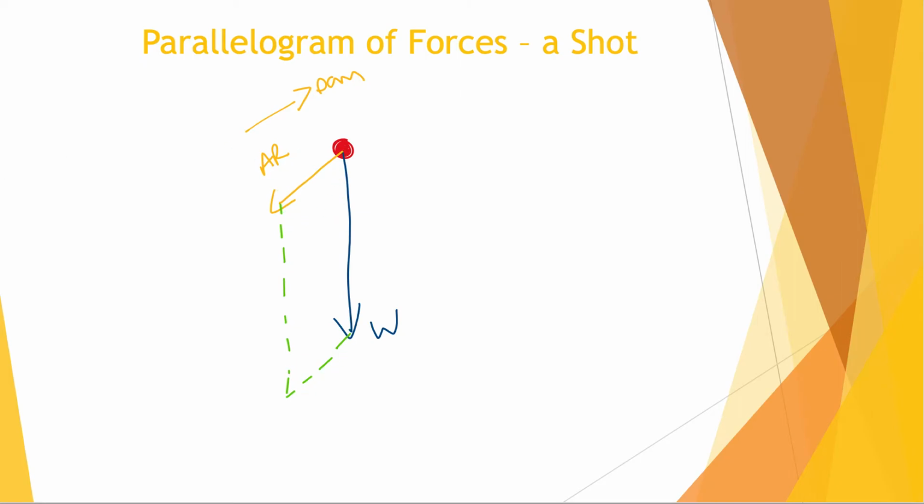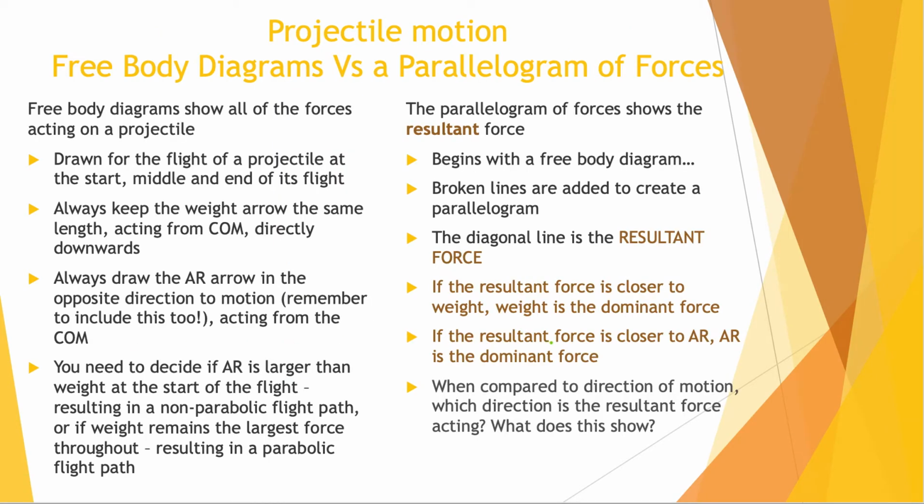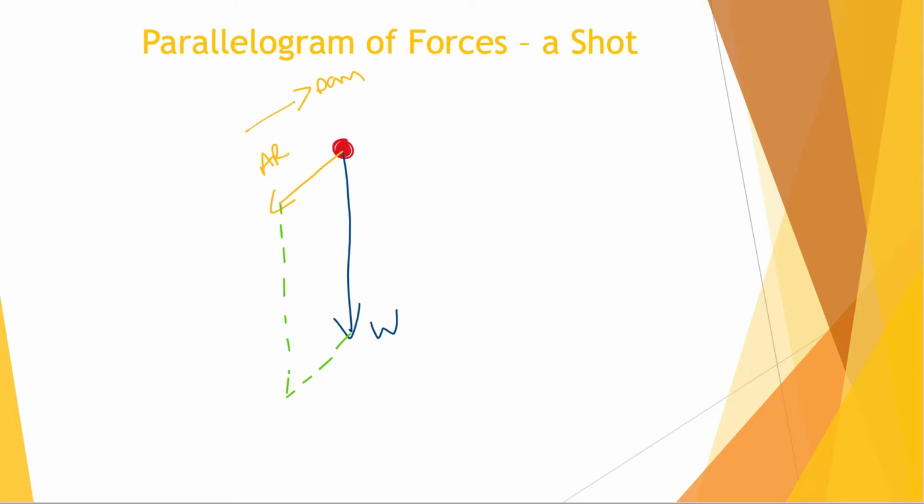But we then need to add the diagonal line, which is the resultant force. So now this is not a broken line anymore, and we draw it from where air resistance and weight are acting, so from the centre of mass out to this opposite corner. Okay, so we're going to draw a straight line out here, and this is the resultant force.